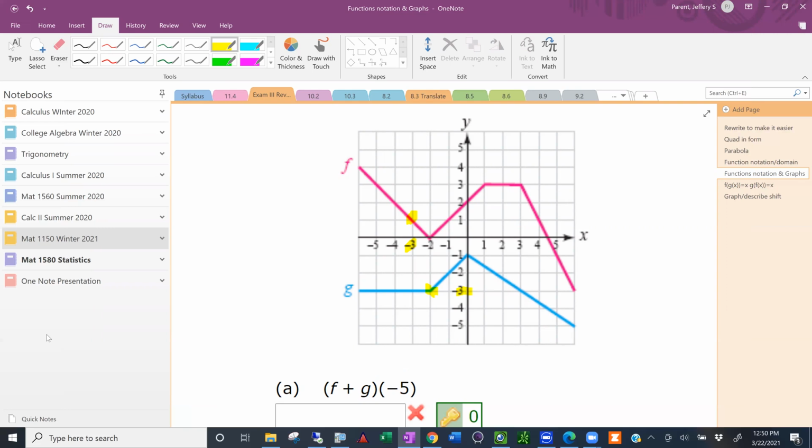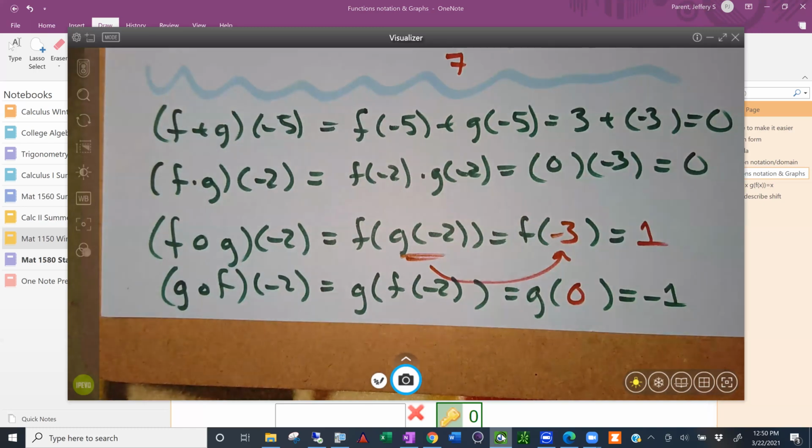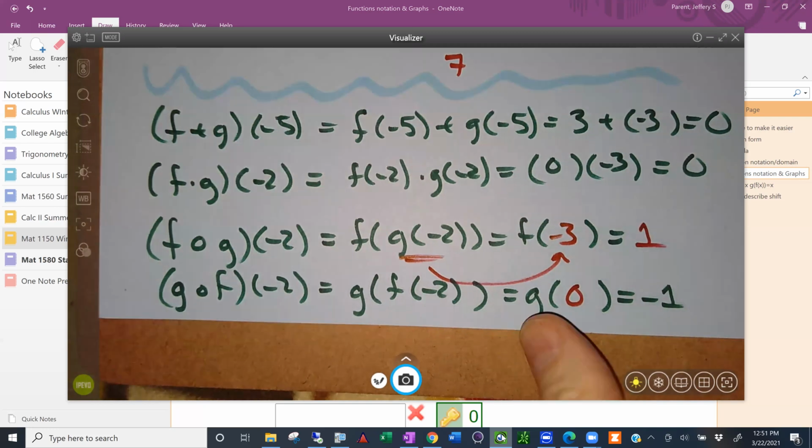What's g of 0? -1. Yeah, -1. Thank you. It's just the y-intercept, right? You find x equals 0, go to the graph, you're finding the y-intercept. So the order makes a difference. Those two things are completely different animals.